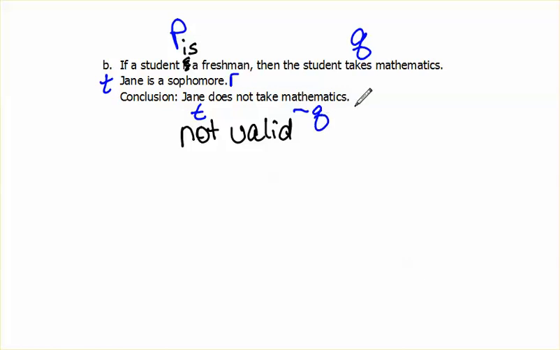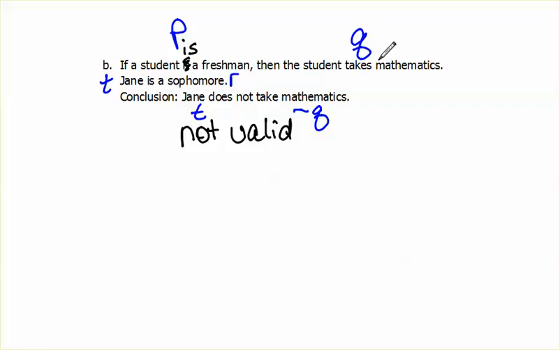That's all so confusing. The problem here is that it only describes what happens if a student is a freshman. It doesn't say anything about what happens when they become a sophomore. And is it possible for a sophomore to have to take mathematics? Absolutely.